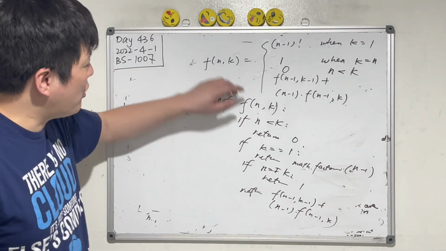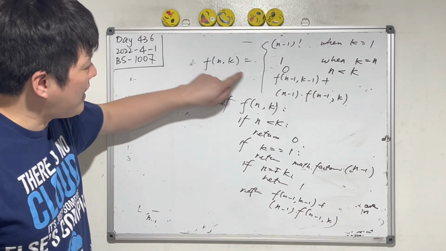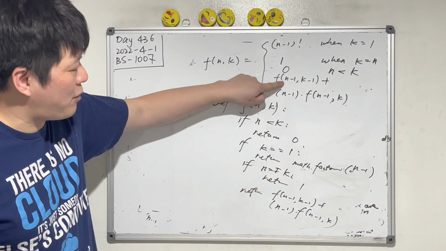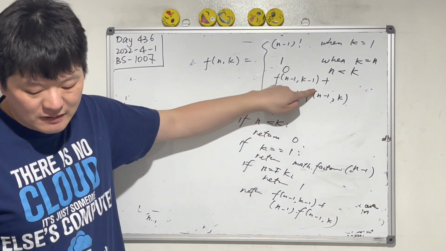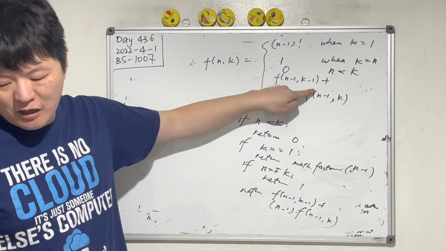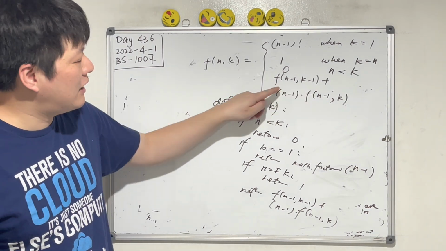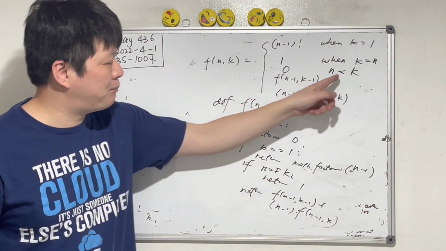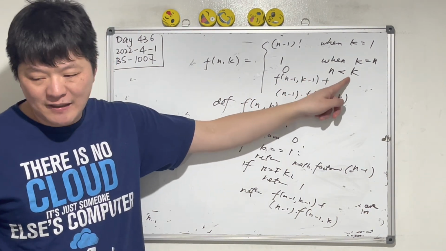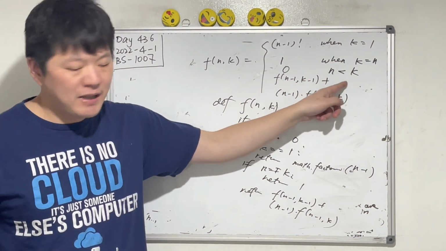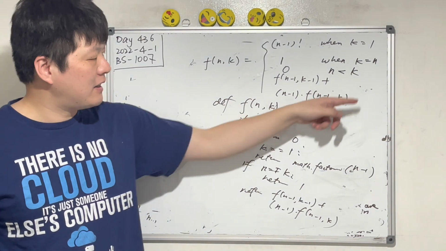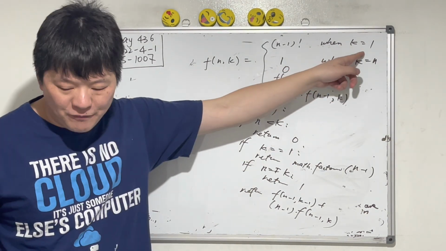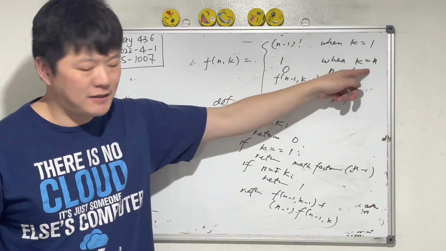Look, in F(n, K), n is always decrementing by 1, but K sometimes decrements and sometimes not. So what does it mean? Since n is bigger than K, either K reaches 1 first, or n reaches K first.